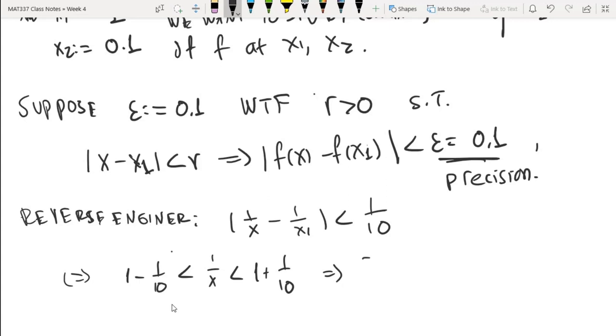It says that the lower guy is 1 plus 1, and the upper guy is 9.9.